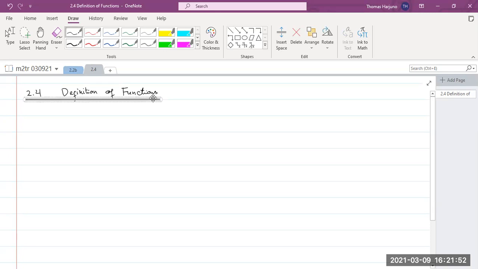Lesson 7 actually did part of 2.4. That's like the later part of 2.4, and 2.5 and 2.6. Okay, but let me go over the definition of functions again.